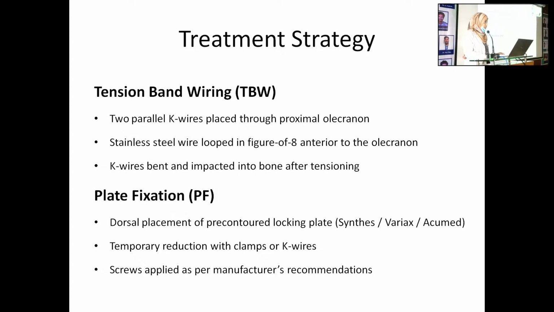They used 3 types, and temporarily the fracture was reduced with the help of clamps or K-wires, and the plate was fixed with screws according to manufacturer's recommendation. Pre-contoured plates: Synthes, Variax, and Acumed.